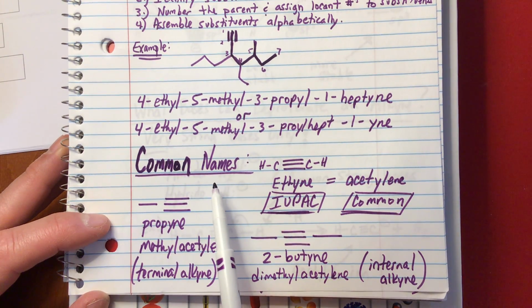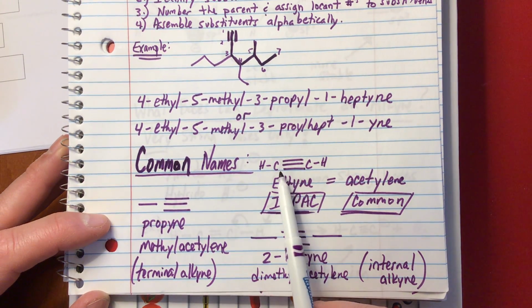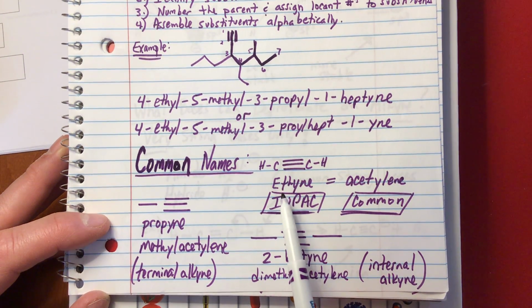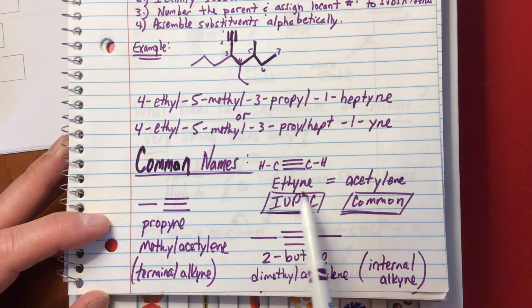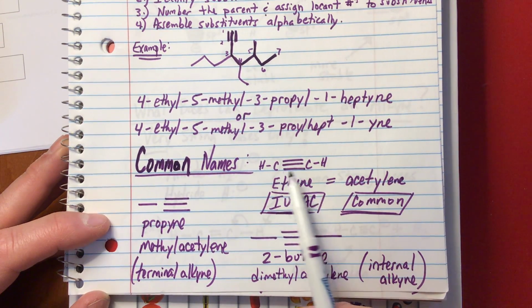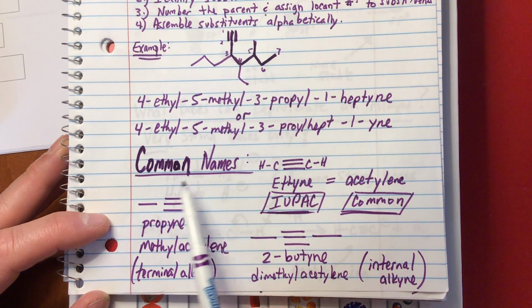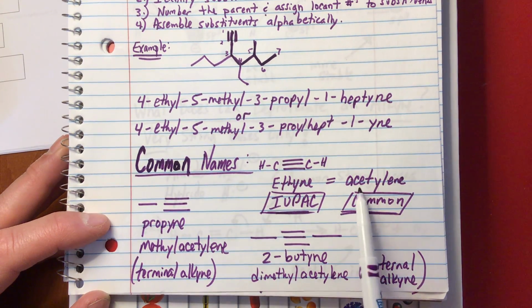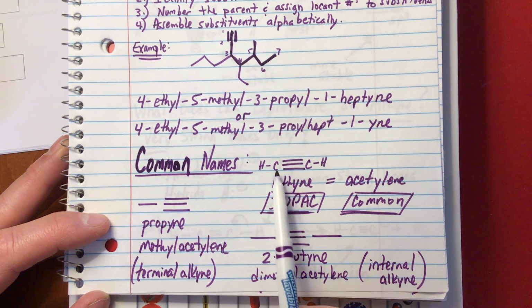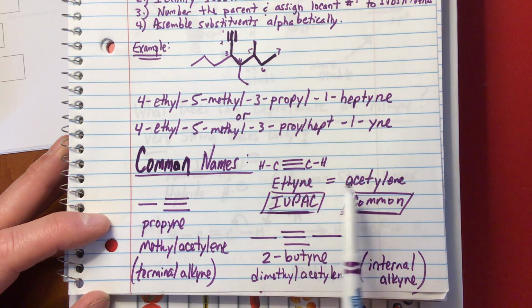There are common names for alkynes, all based on the simplest alkyne that can occur, which is ethyne, and that's given the common name acetylene. So acetylene and ethyne are the same structure. For a common name, we would use acetylene as the base name, and we would just name the substituents that attach themselves to the carbons in acetylene.